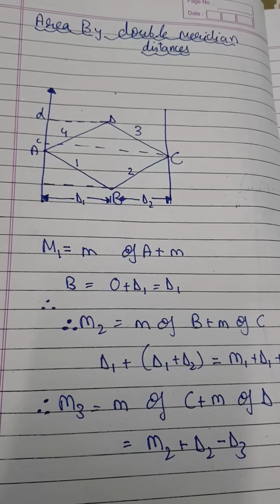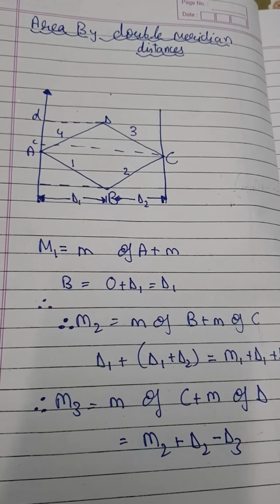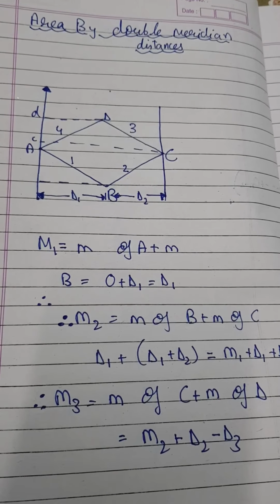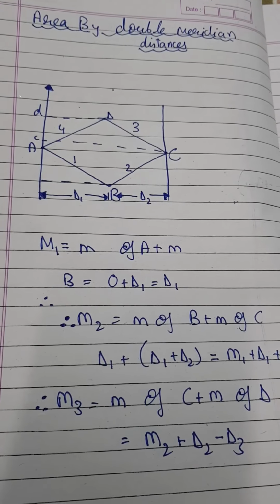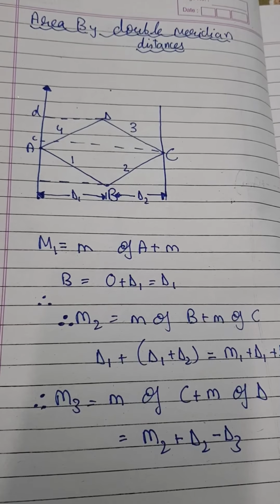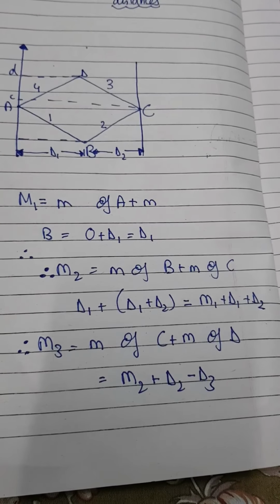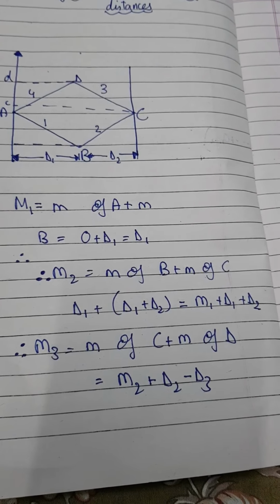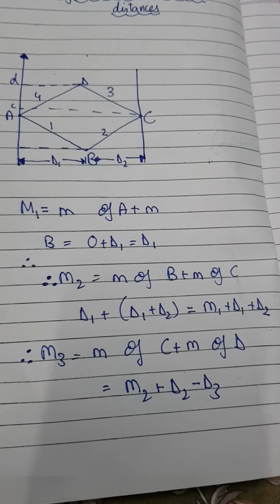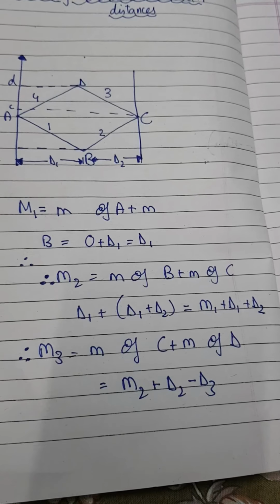M2 is equal to M of B plus small m of C. That would give us M1 plus D1 plus D2. Similarly, M3, M of C plus small m of D. That will give us M2 plus D2 minus D3.